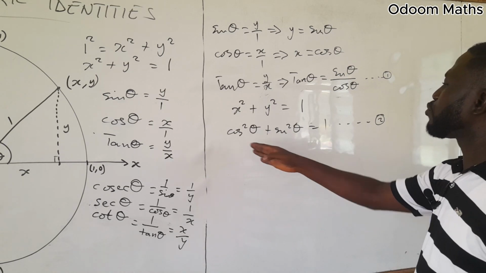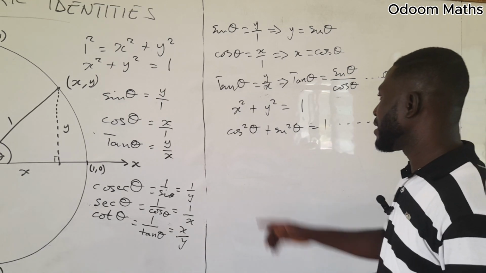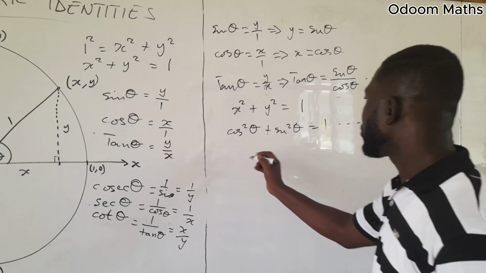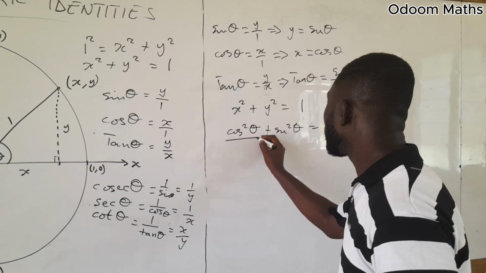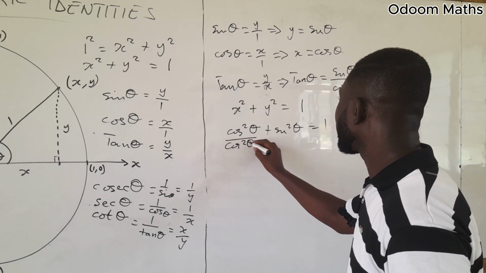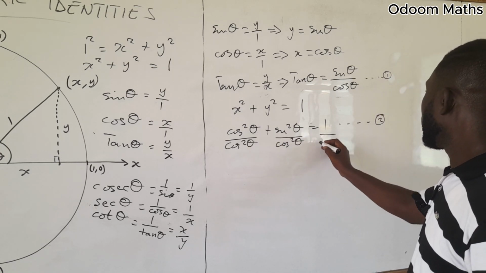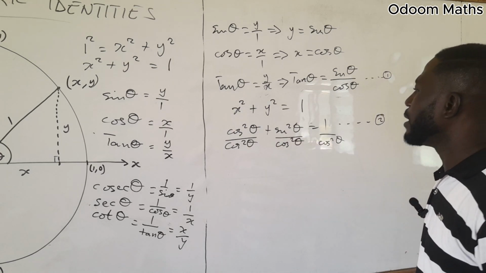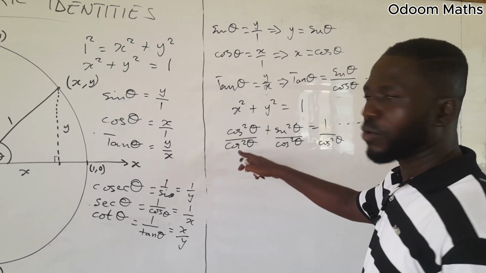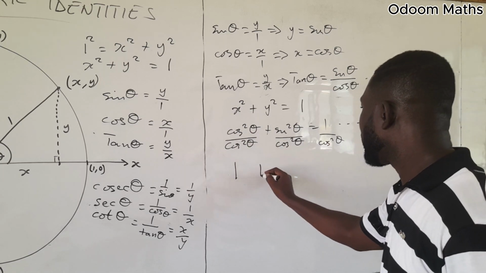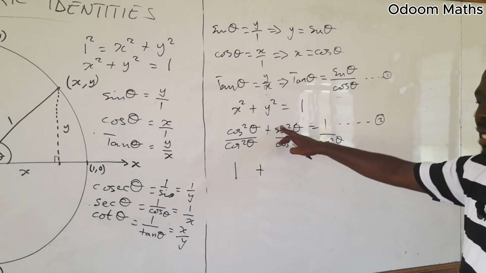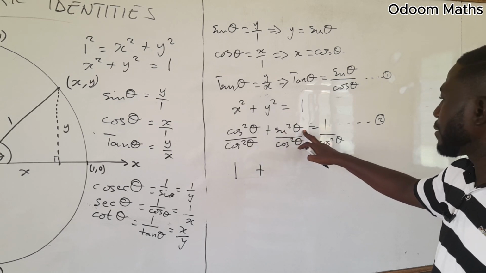Now, let's divide through by cos squared theta and see what happens. So, cos squared theta here, then cos squared theta also here. Now, this is going to be cos squared theta over cos squared theta, which we know to be 1, plus sine squared theta over cos squared theta.